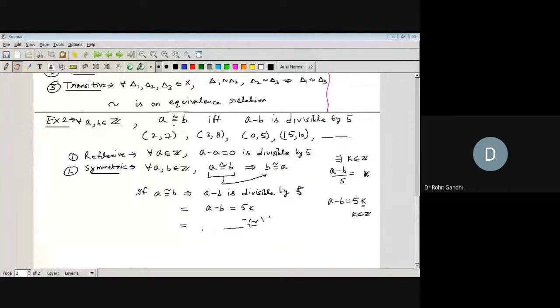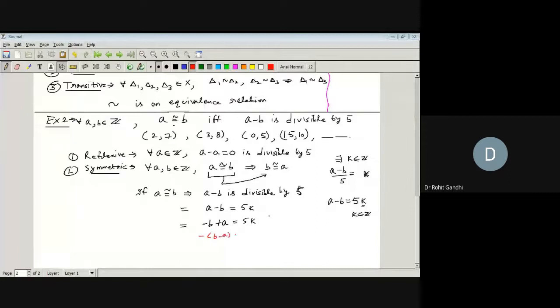So this is minus b plus a is equal to 5k, and I can write it like this.